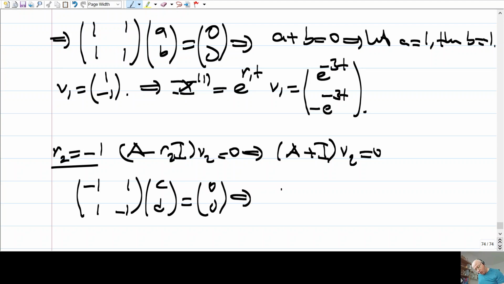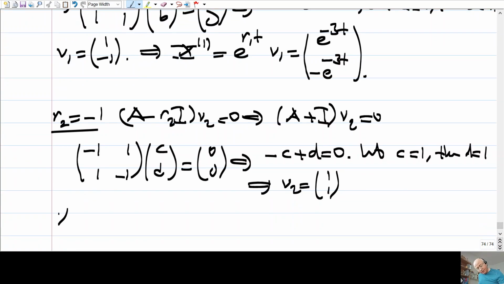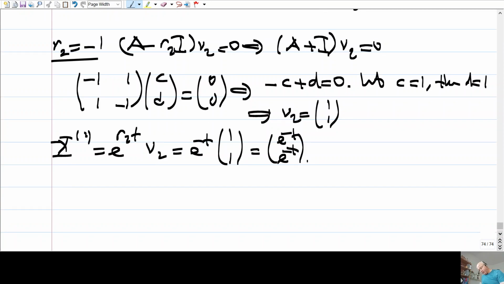The only equation we get is minus c plus d equals 0, the other equation is the same. So let c equal 1, then d equals 1. So v2 can be taken as (1, 1), and the second solution is e^(r2 t) v2, which is e^(-t) times (1, 1). So these are two linearly independent solutions.